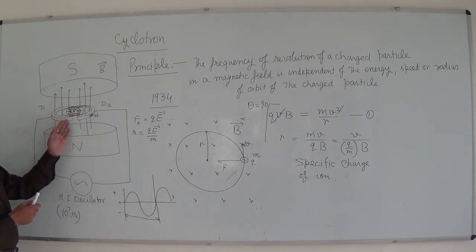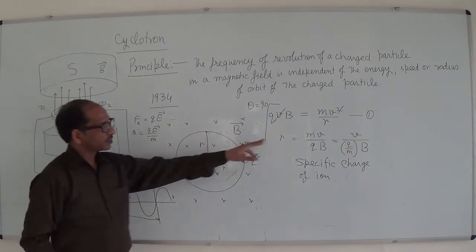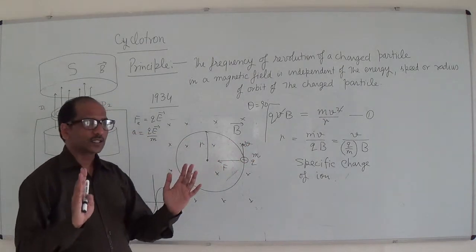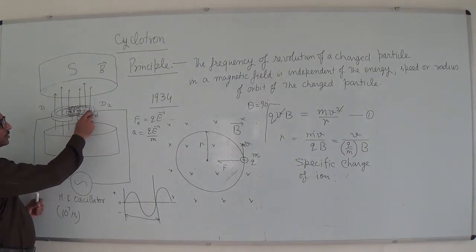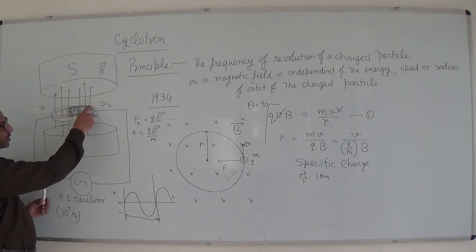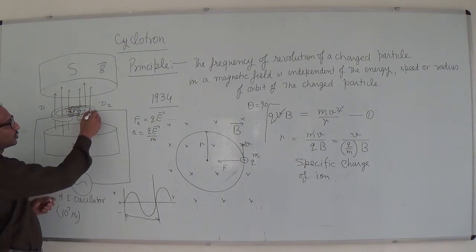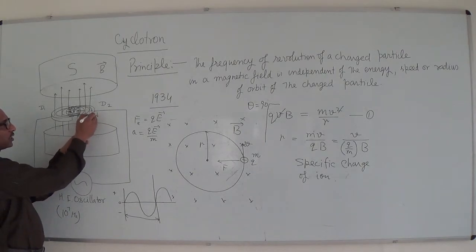Every time it crosses these D's, the energy of the ion increases. Energy of the ion increases, it means the radius of this circle is increasing, and hence when this ion gets enough energy equivalent to the radius of this D, it comes out through this window, using two deflecting plates.